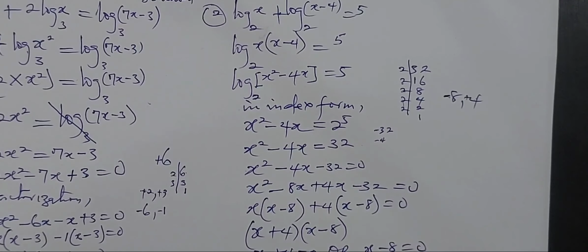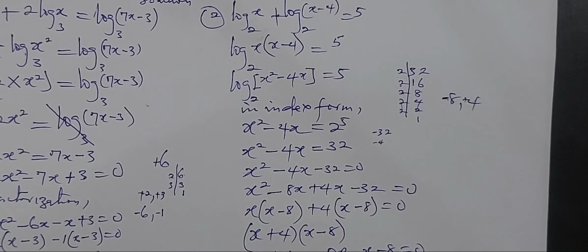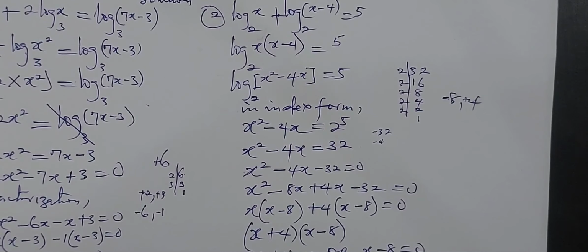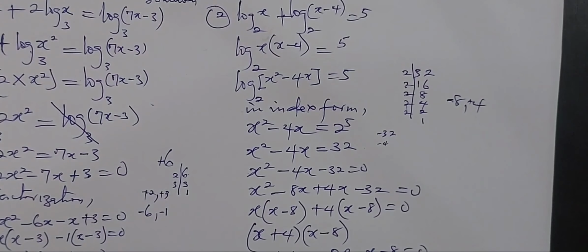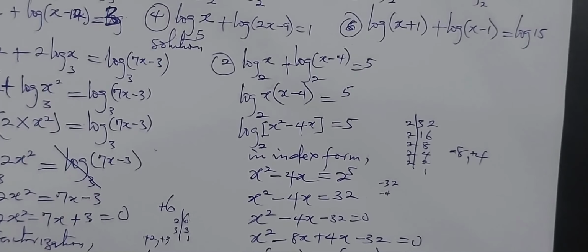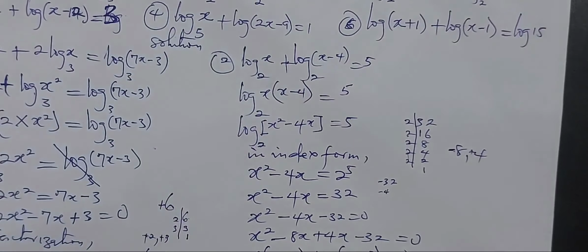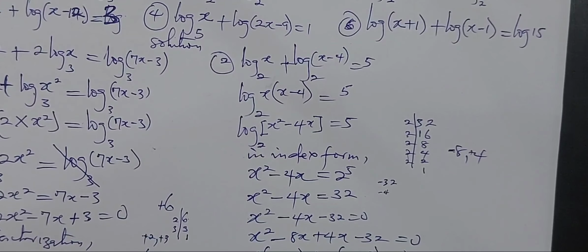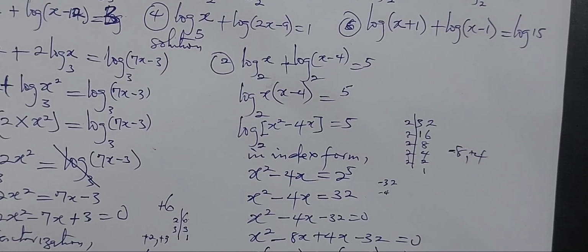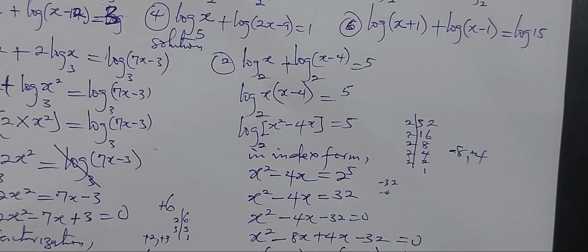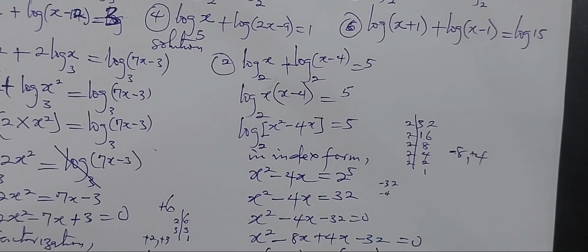Like number 4. Let's solve number 4, which is log. See your number 4. Number 4 is log x to base 5 plus log 2x minus 9 is equals to 1.